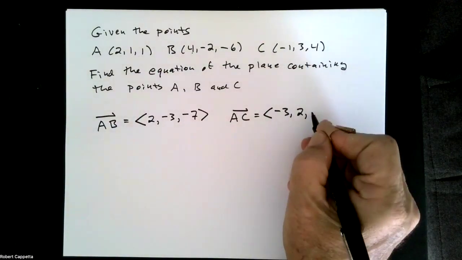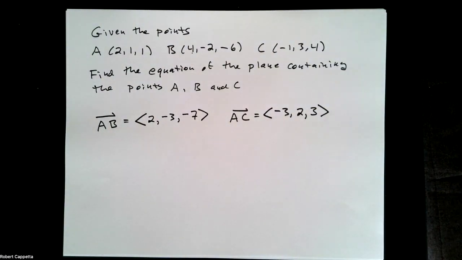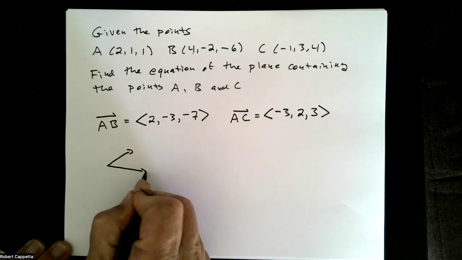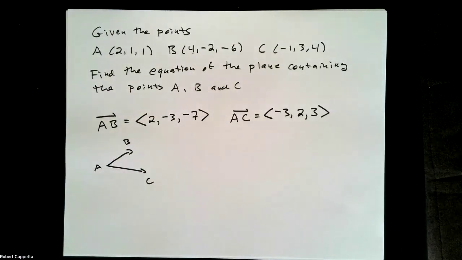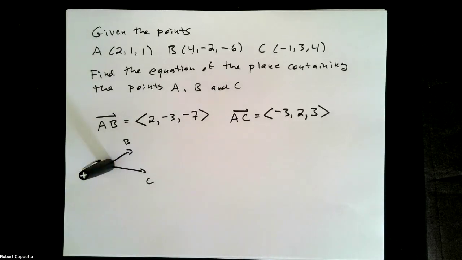And from 1 to 4 is up 3. So if I have 2 vectors in a plane, let's think of this as AB, and this as AC. The normal vector will be the cross product of AB with AC. And if I get the normal vector, then I can get the equation of that plane.